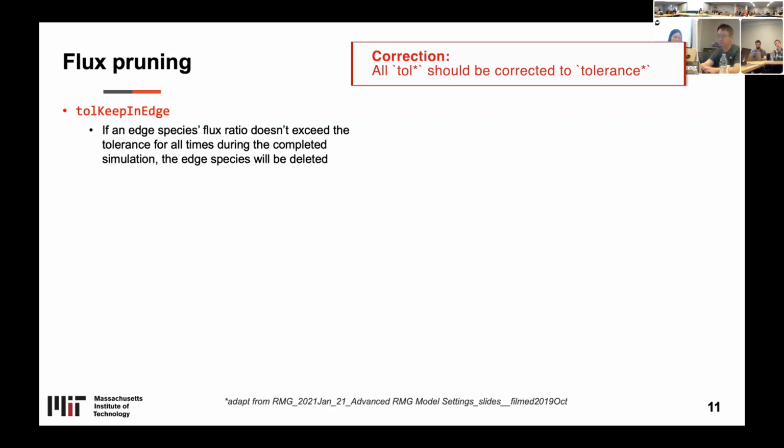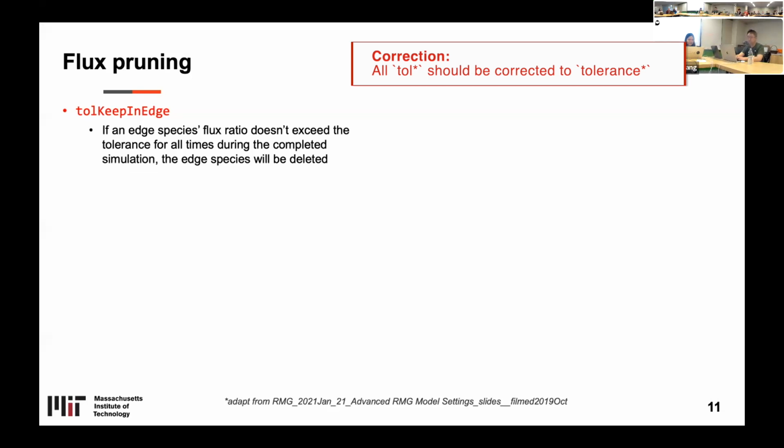In this way, it will keep your edge at a smaller size. But you could also suffer from mechanism truncation, because you assume some low flux species are not important, but you lose that information if they become important in the future, and you don't know that anymore.